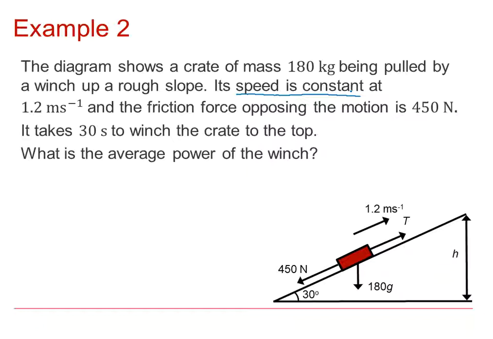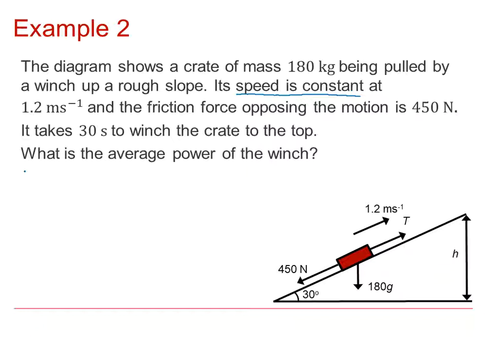So this time we need to find the work done by the winch. And the winch has done two things. It's raised the object up, so it has increased the potential energy, and it has also had to overcome the frictional force. So the work done by the winch will be the work done against gravity and the work done against friction.